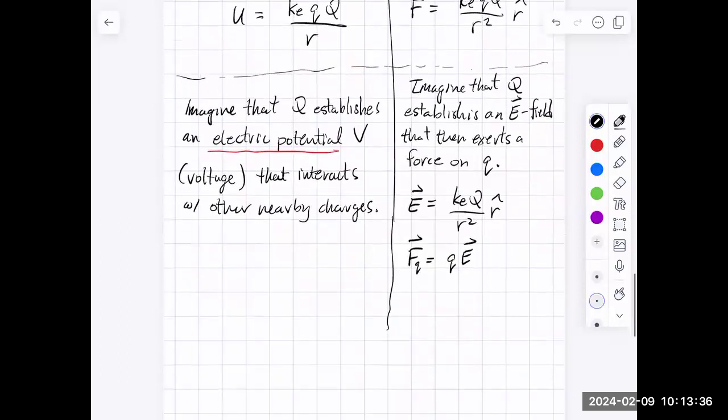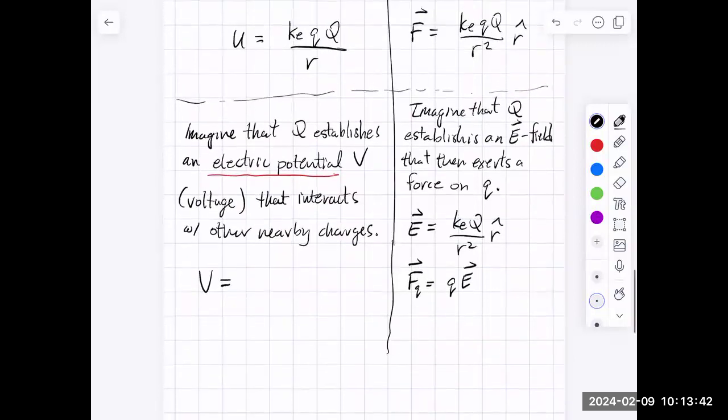Okay, so V, this electric potential or voltage, we're going to get it just by taking this potential energy and dividing by little q.